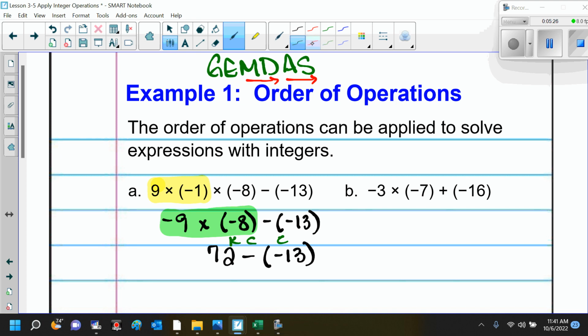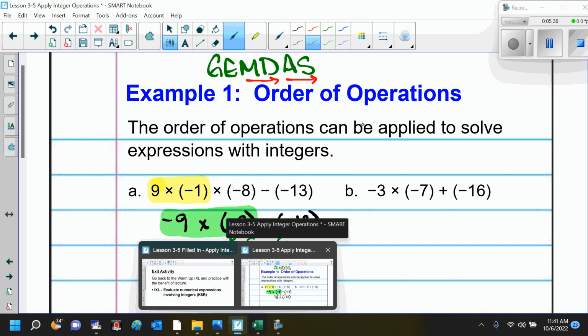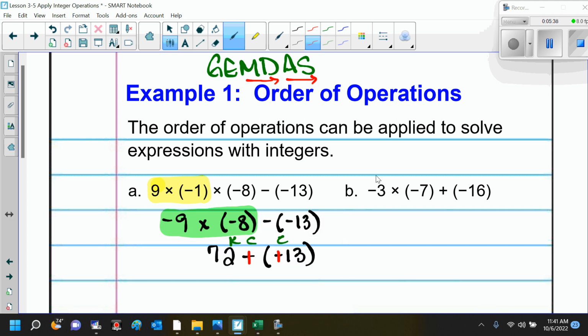So the 72 stays the same. The subtraction becomes addition. And the negative 13 becomes positive 13. So now we have 72 plus positive 13, which gives us 85. Very good.